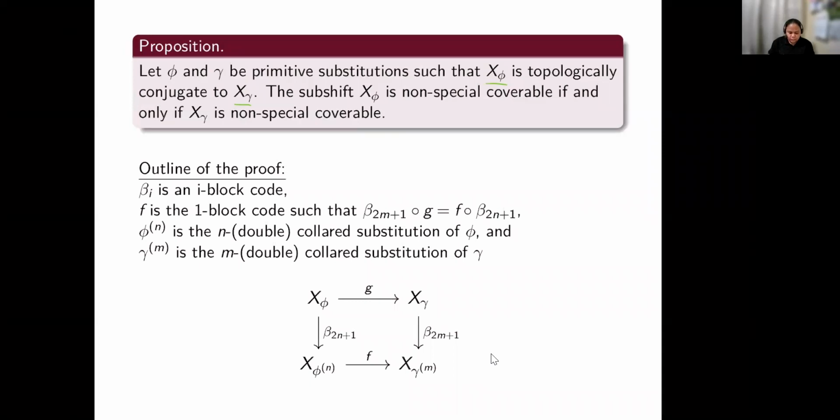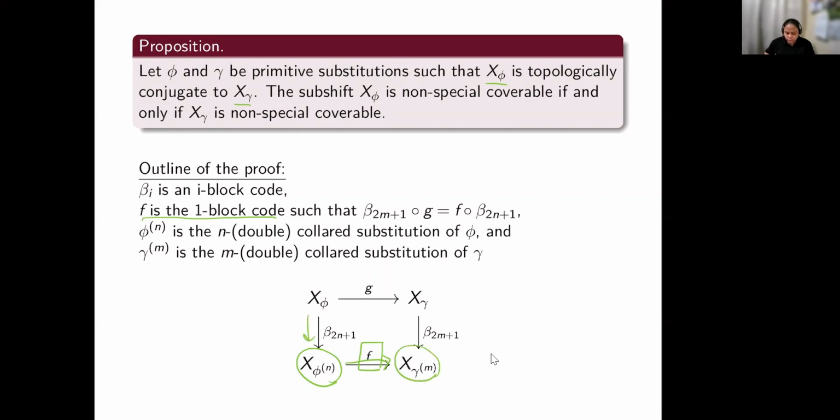For the one block code here, the existence of such a one block code that commutes our diagram is assured by a classic theorem in shift dynamical systems. So if this is a one block code and what we have here is a shift that is coverable, because of the one-to-one letter-to-letter substitution, this subshift is also coverable.